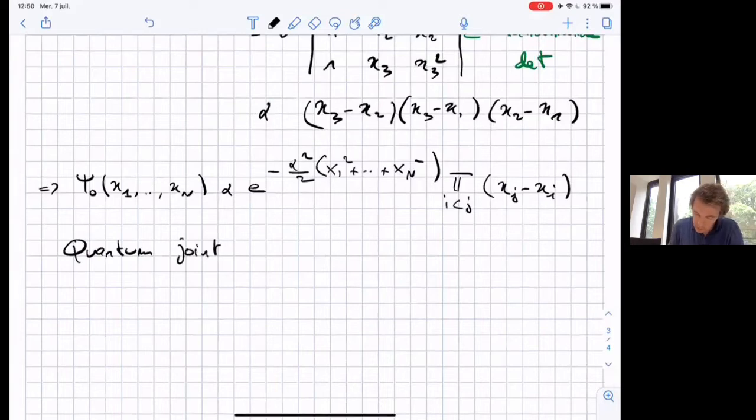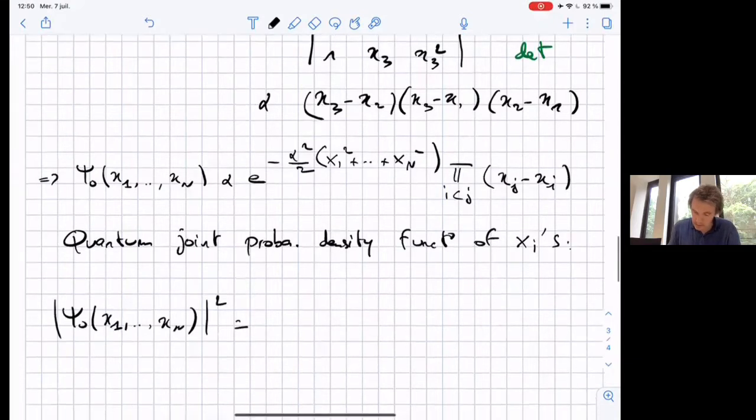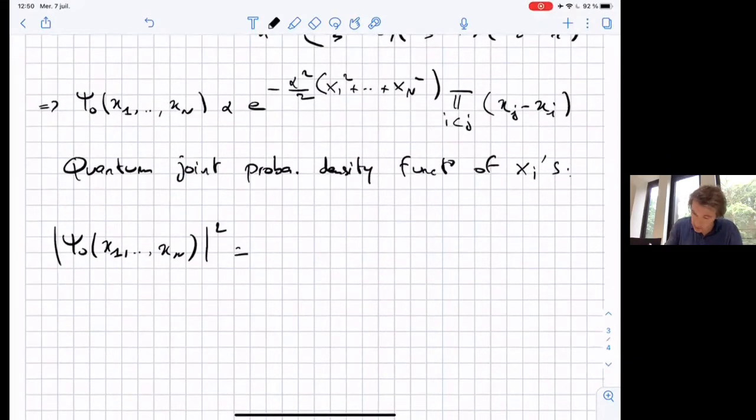So that is the quantum joint probability density function of the positions of the fermions, and this is given by the modulus of psi 0 squared. And that's simply, so I just squared what I have upstairs.